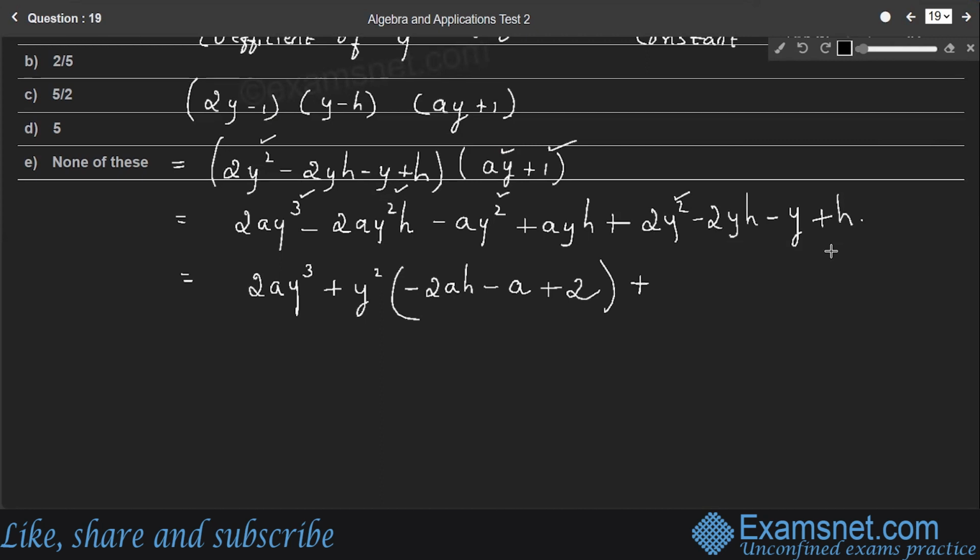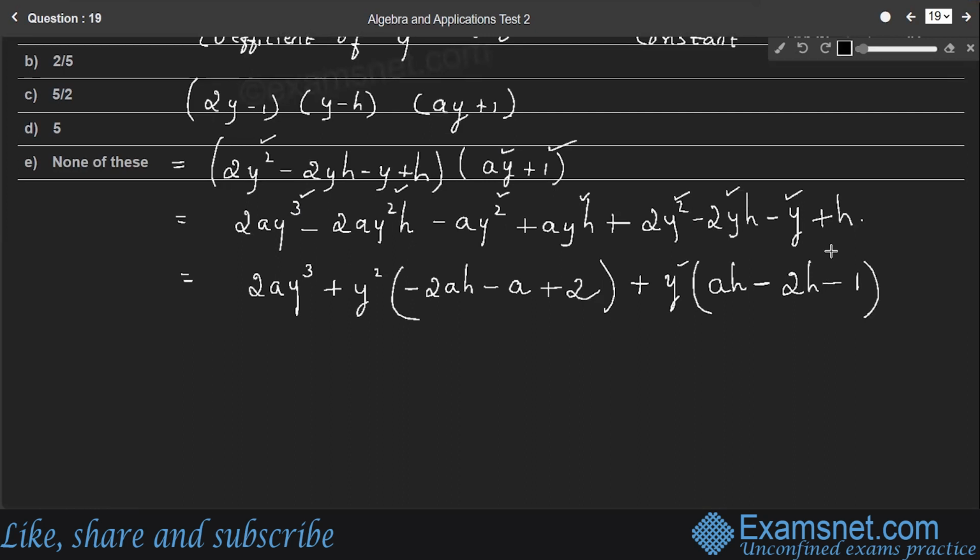And the terms which contain y, right? We are going in the decreasing order of powers of y. So the y terms are ayh, and we have 2yh with a negative sign, and minus y. So y into (ah minus 2h minus 1). We have taken out y as common.